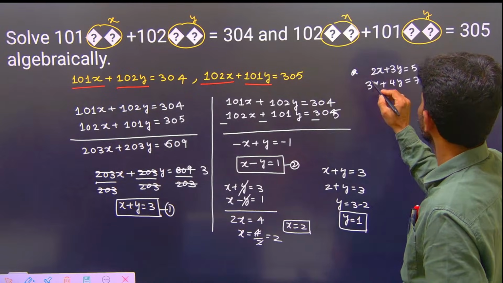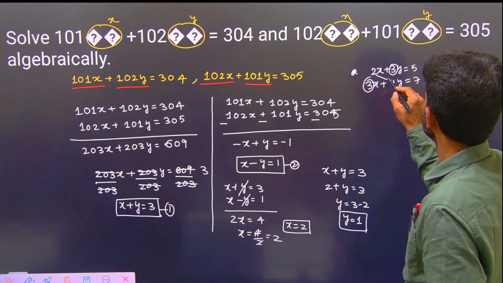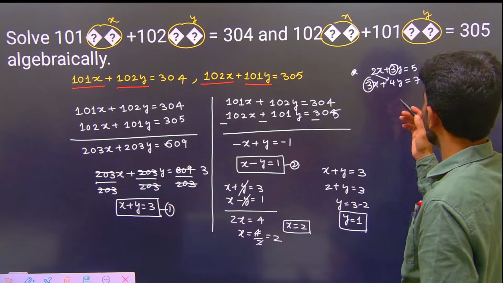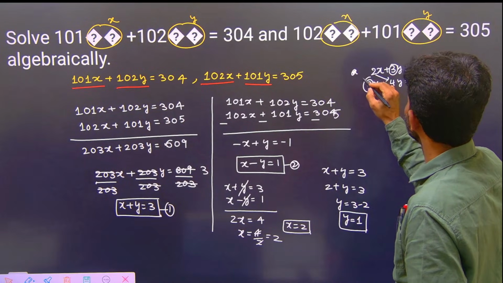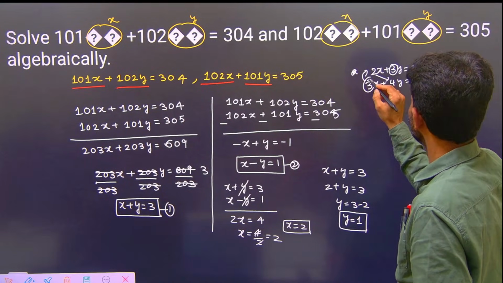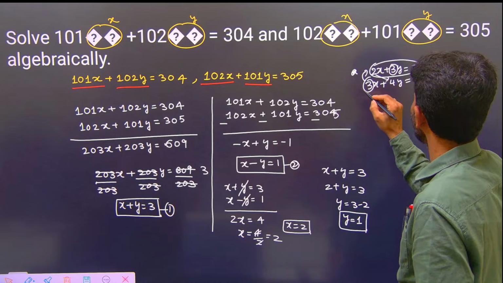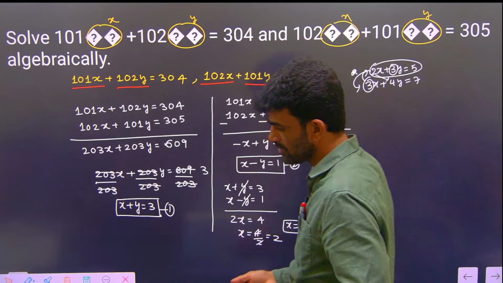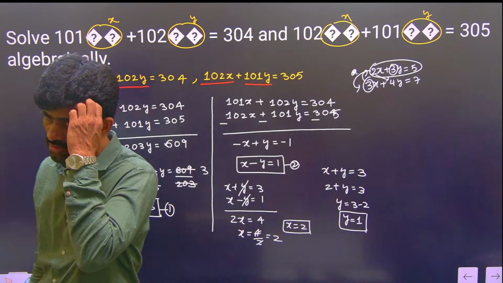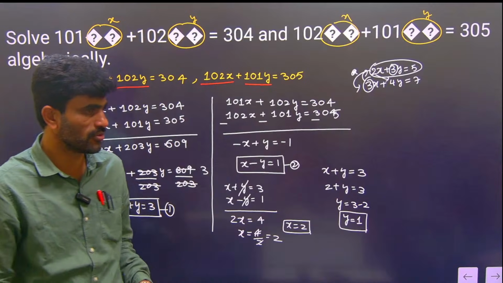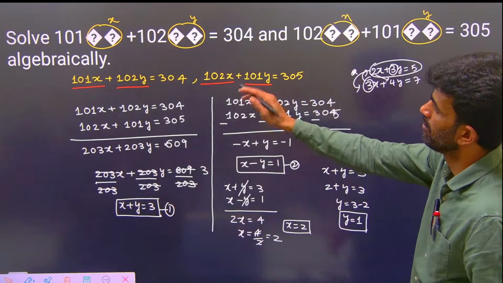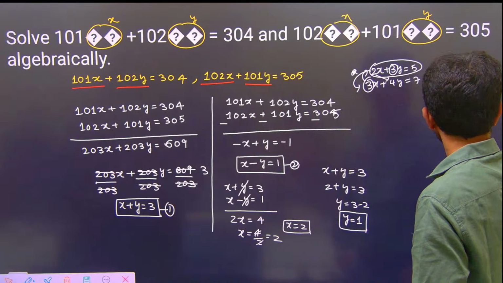See here, these two are the same, but these two are not the same, so you cannot just add and subtract. Here, the entire equation should be multiplied by 3, and the second equation should be multiplied by either the x coefficient or y coefficient. You have to equate by multiplication, and then you have to cancel. That is the elimination method, if x and y coefficients are not the same.